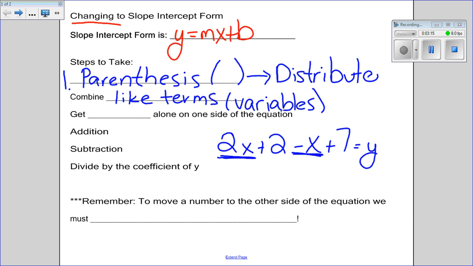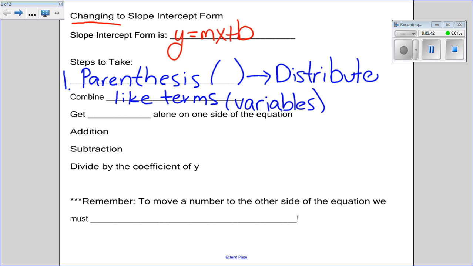I see a 2x minus x, right? 2 minus 1 is 1x. And I see a 2 and a 7. Those are both just numbers. They can go together. 2 plus 7 is 9, okay? y is all by itself. It doesn't have any like terms in this case. That's what it means to put like terms together, okay?